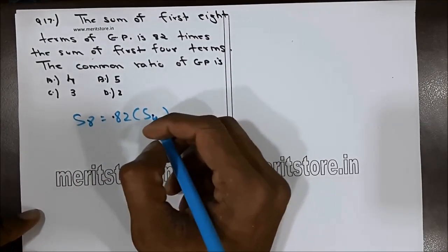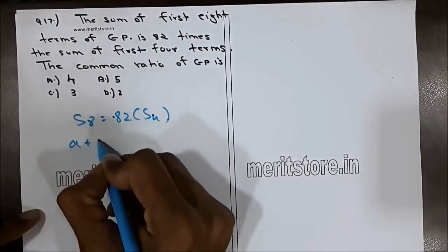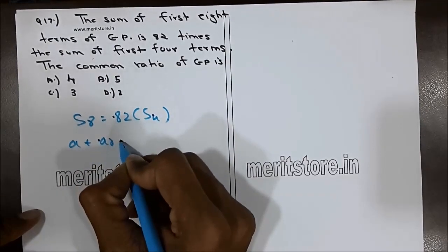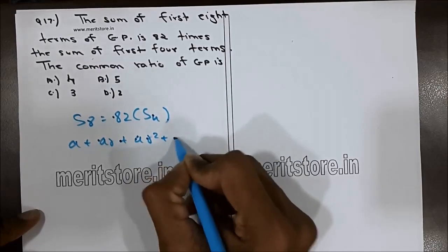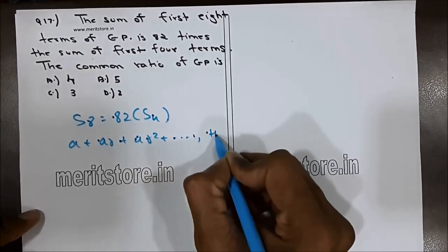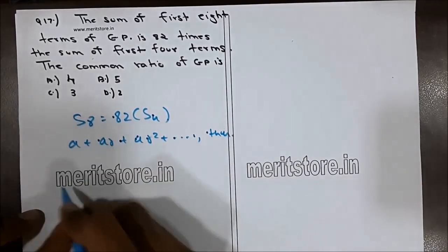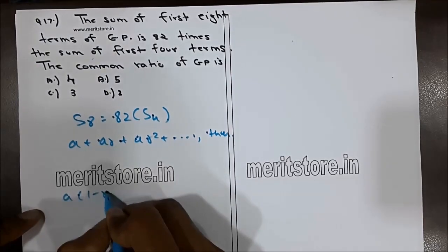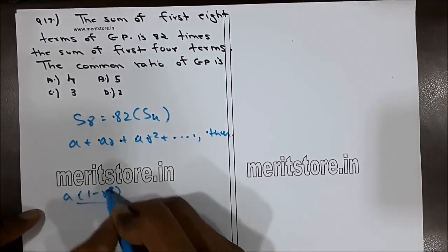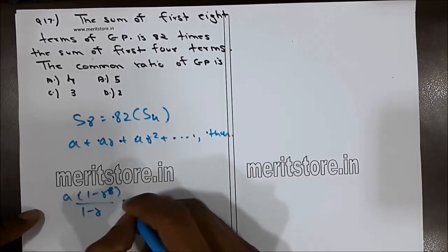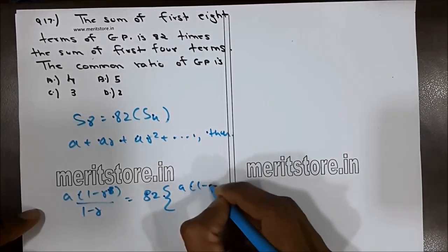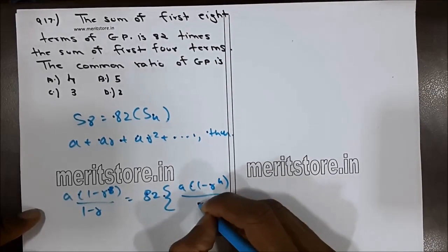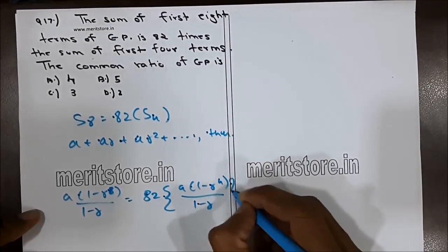Let the GP be a plus ar plus ar square plus so on, then we can write S8 as a (1 minus r raised to 8) upon 1 minus r equal to 82 a (1 minus r raised to 4) upon 1 minus r.